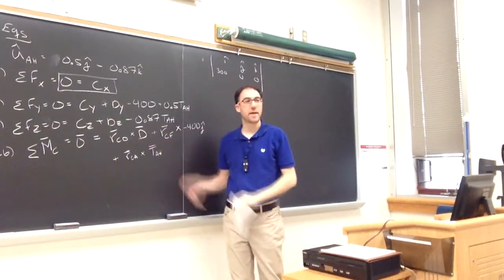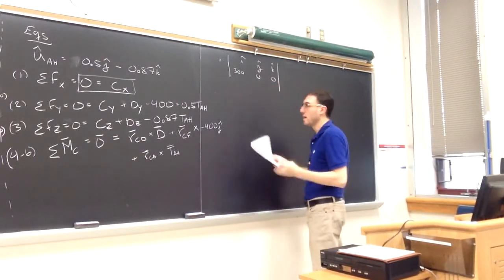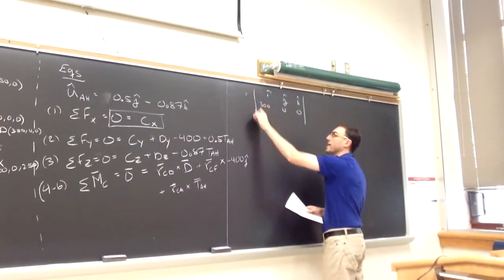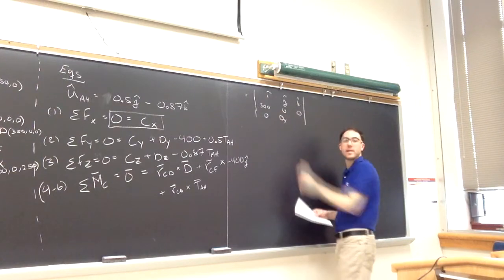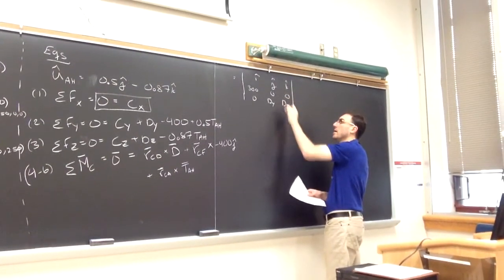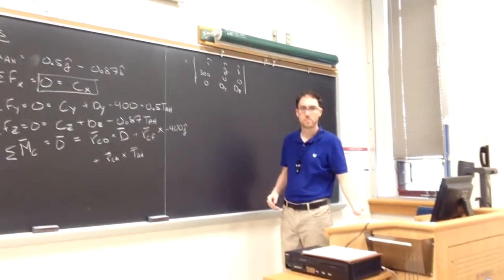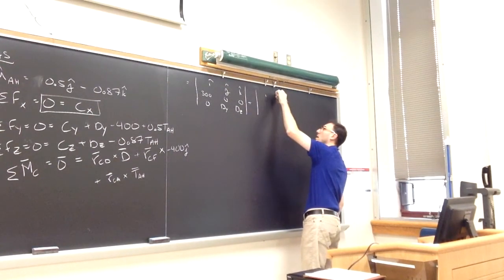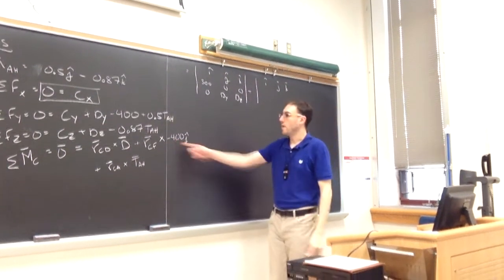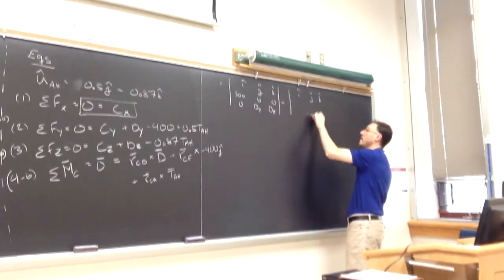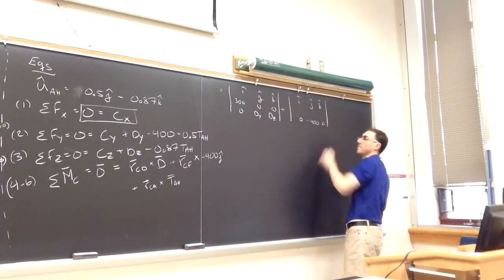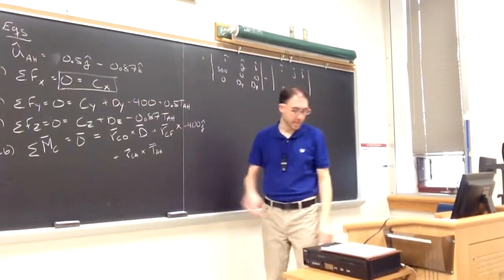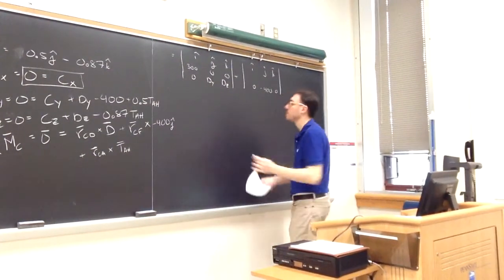From C to D, we have to go 300 in the i. And then this D, when I write it in its component form, I can write it as Dy and Dz. Here, I'll have a negative 400 j. And to go from C to F, I need to go 350, 0, 250.